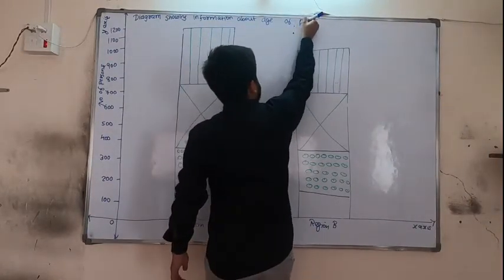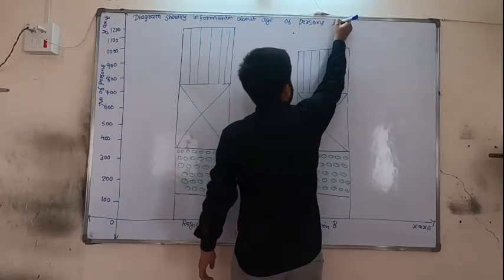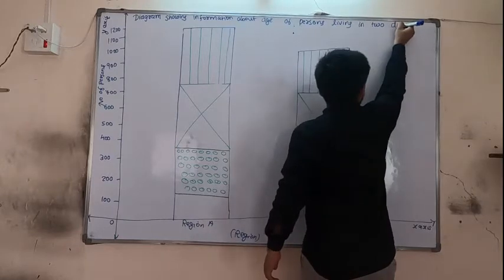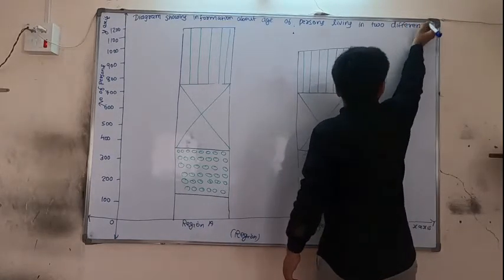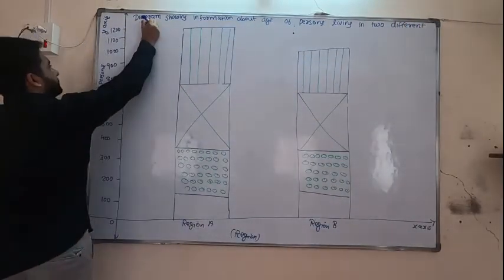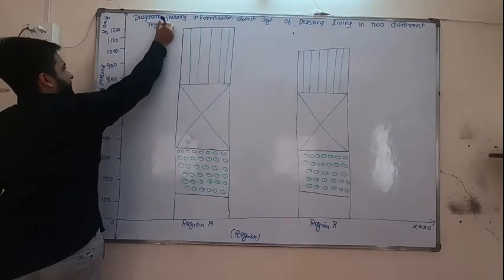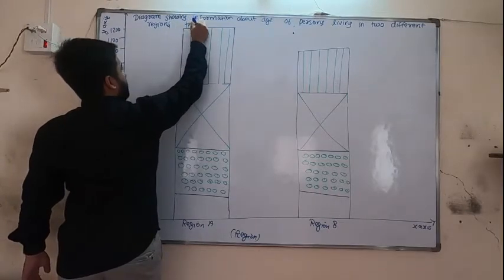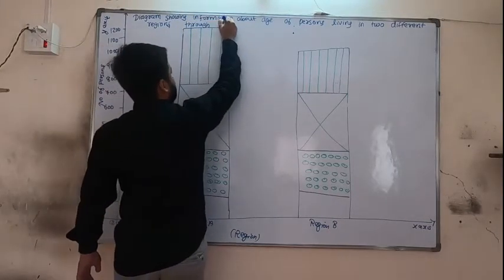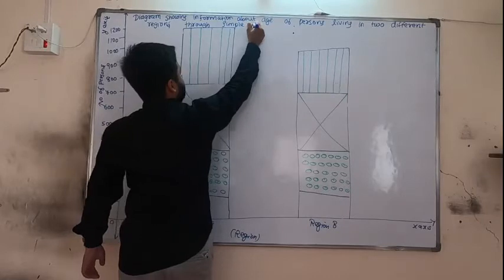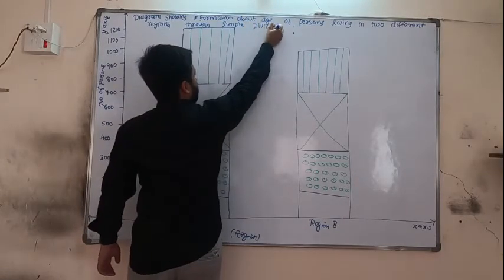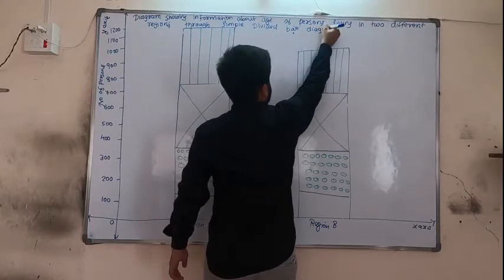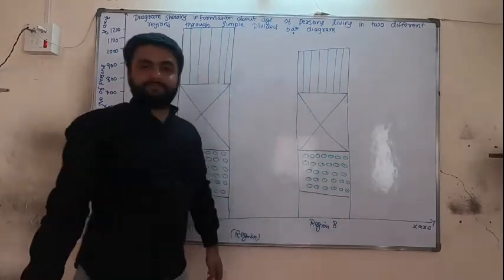Age of persons living in 2 different regions through simple divided bar diagram.